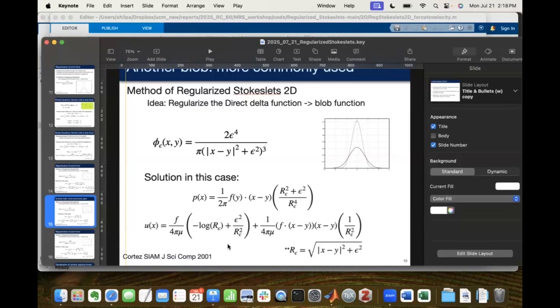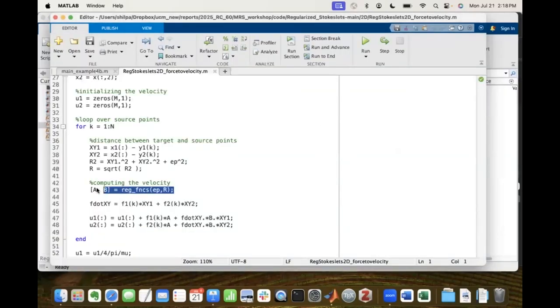So which function did I choose for phi? We're going to feed in R and spit this out depending on which regularization function I want to use, which phi I want to use. And so that's exactly what this code does. It spits out those two components, A and B, the two parts.